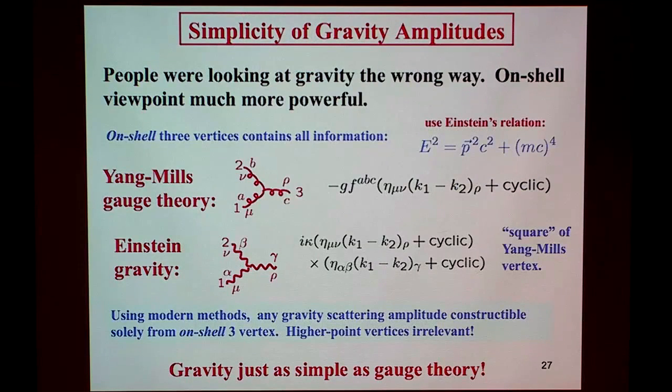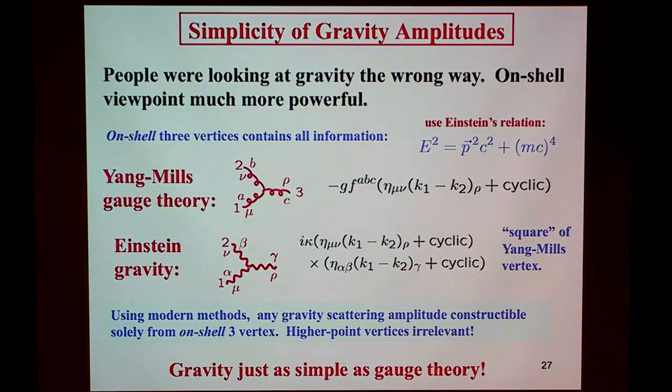The better way of looking at things is don't violate Einstein relation. So if you use Einstein's relation, you can clean that up. And we look at Yang-Mills theory, and you see, well, okay, not too much happened. It's still pretty simple. But look what happens to Einstein gravity. See, this looks just like that. Looks like 2 copies. Okay? And that's not an accident. That's actually something very profound.